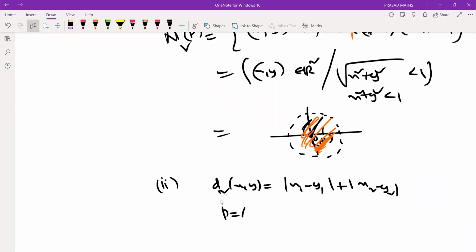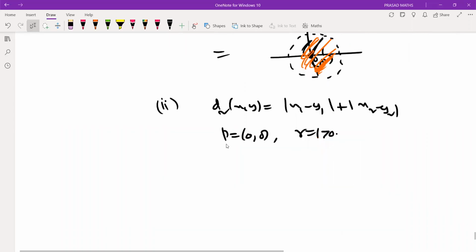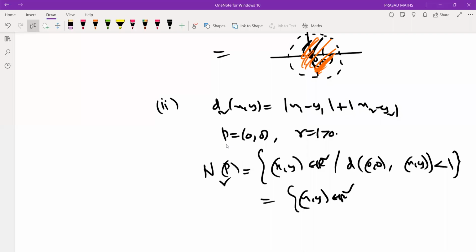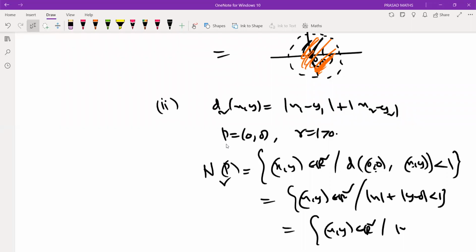Suppose my center is (0,0) with the same radius r. The neighborhood of P with radius r is exactly the set of all points in R2 whose distance from (0,0) is less than r. That means the set of all ordered pairs (x,y) such that mod of x minus 0 plus mod of y minus 0 is less than 1, so mod x plus mod y is less than 1.